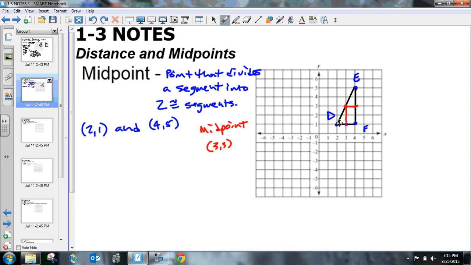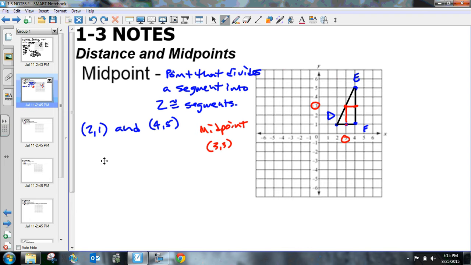So what I know is that between 2 and 4, 3 is the middle number. Between 5 and 1, 3 is the middle number. So how do I get these numbers? How do I get 3 by taking 2 and 4? I'm talking about the middle, and when I'm talking about the middle, I'm really talking about an average.